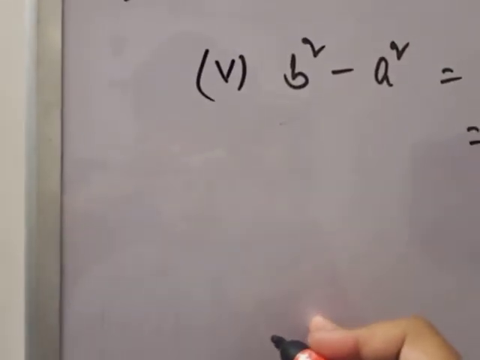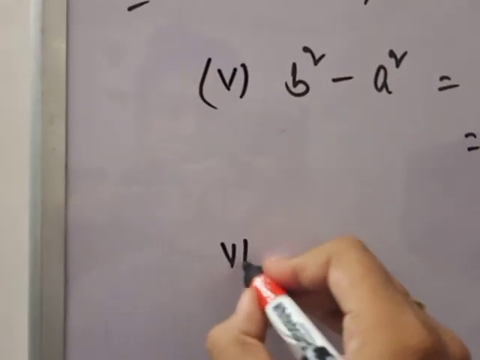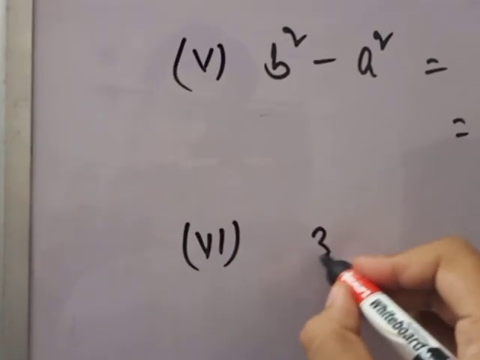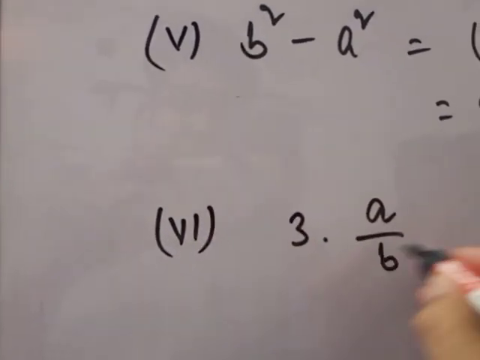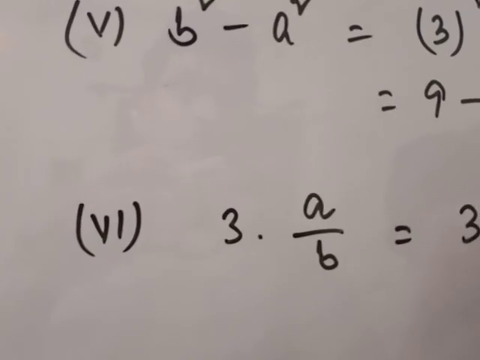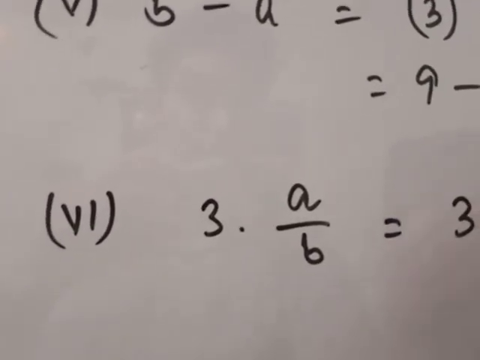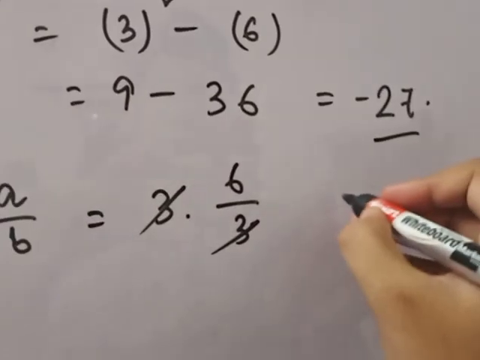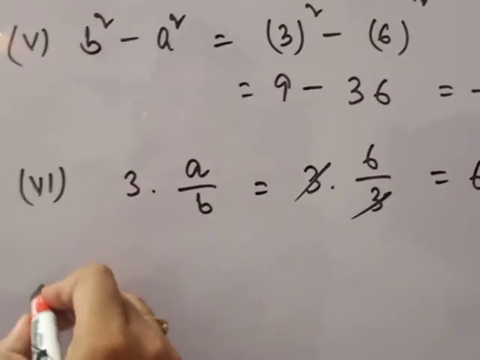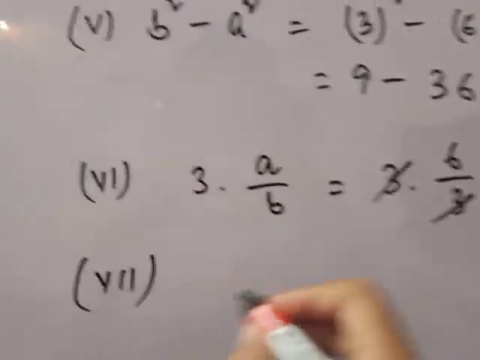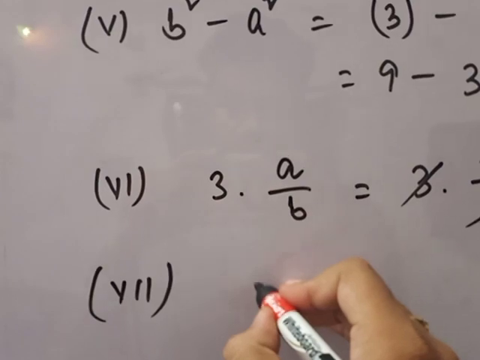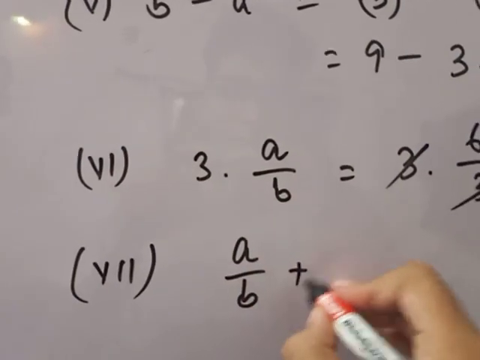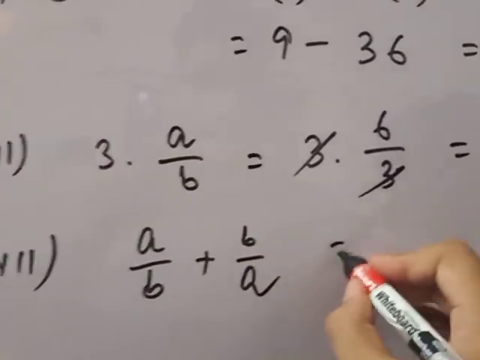Next one, number 6. 3 into a by b. So 3 into 6 by 3. It cancels, so 6. Next, number 7. a by b plus b by a.